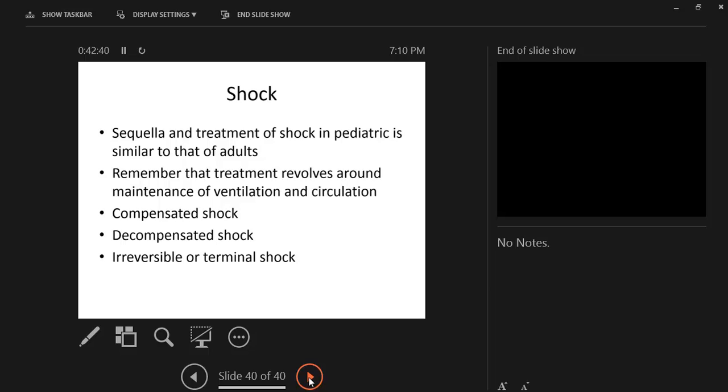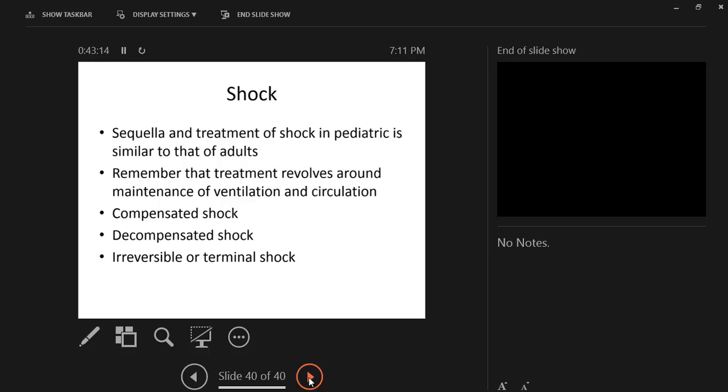Compensated shock, we talked about that, is the early shock with normal or increased blood flow affects, and then in decompensated shock it becomes evident. Now the cardiovascular system begins to fail, and you start seeing hypoxia, metabolic acidosis, and then dysfunction in the organs. And then it moves into irreversible or terminal shock, where there's damage to the vital organs, and the child would continue to deteriorate despite intervention.